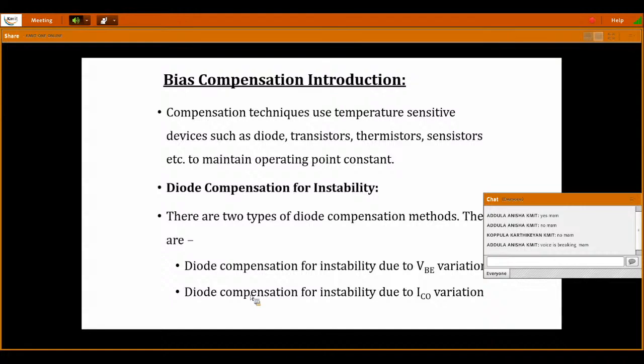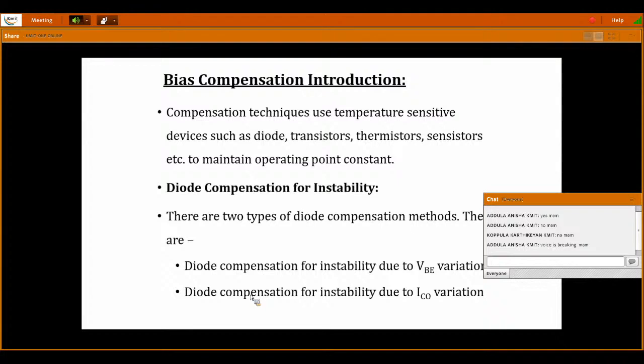For example, if I am not having the facilities to provide the self biasing circuit, then what are the methodologies we have to use, or what are the bias compensation techniques?